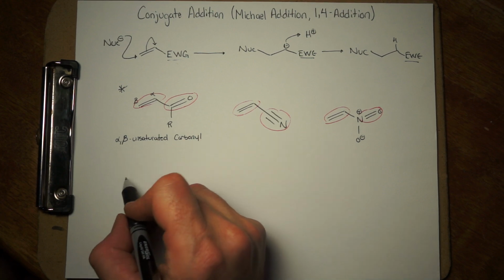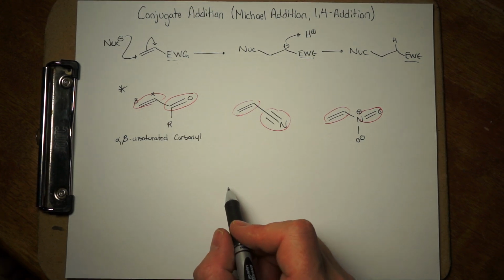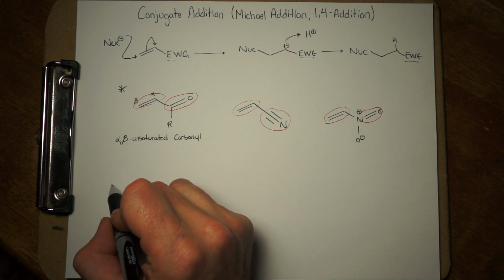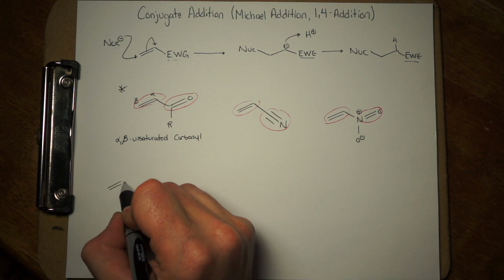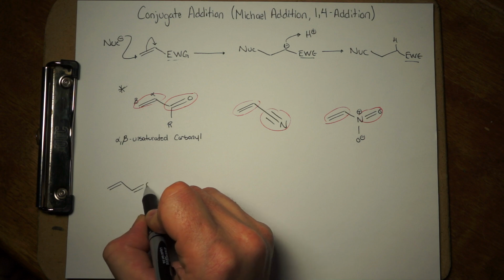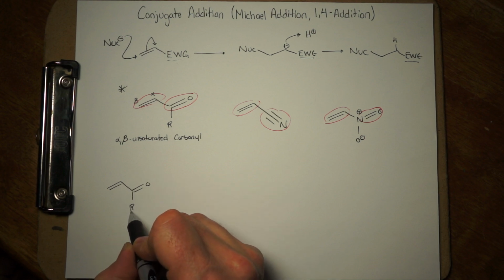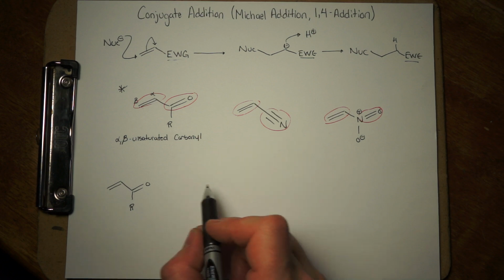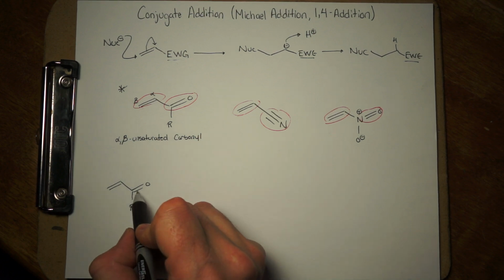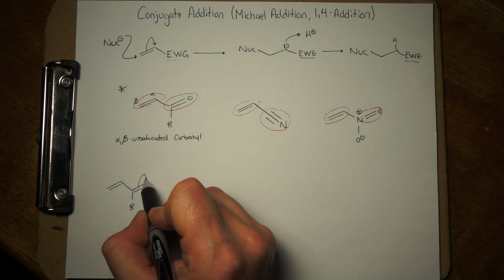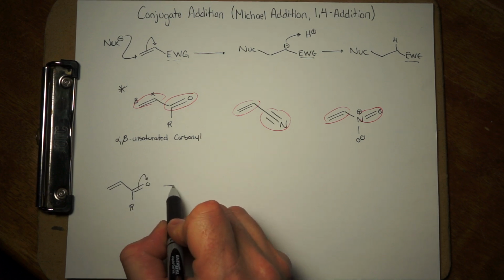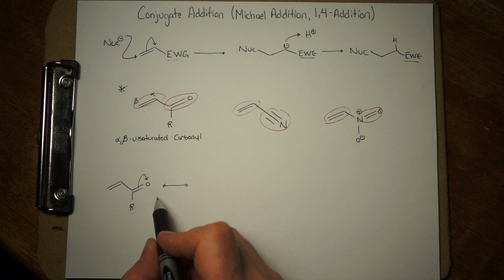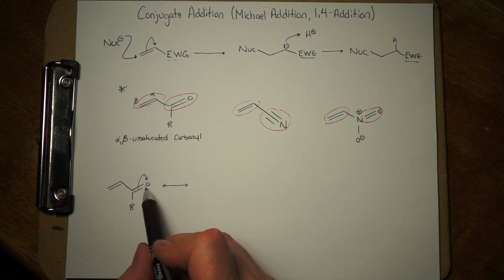It helps to understand the reactivity of these molecules by thinking about the resonance structures that we can draw from an alpha-beta unsaturated carbonyl. This R group is just going to stand in. This carbonyl can be an ester, it could be an amide, it could be a ketone, it could be an aldehyde. That R group, we're just saying that it's some carbonyl. Well, we understand how carbonyls can be electrophilic by drawing a resonance structure, realizing that the oxygen is more electronegative.